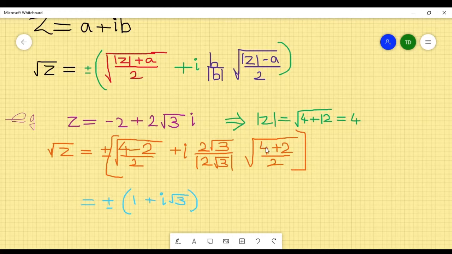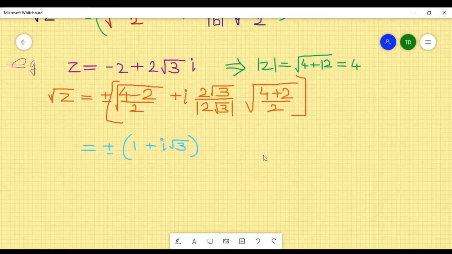The a part is minus 2, so minus minus makes it plus 2, divided by 2. So we got 6 by 2, which means 3. So we are getting root 3 as the imaginary part. So the roots of z equal to minus 2 plus 2 root 3i are plus or minus (1 plus I root 3).